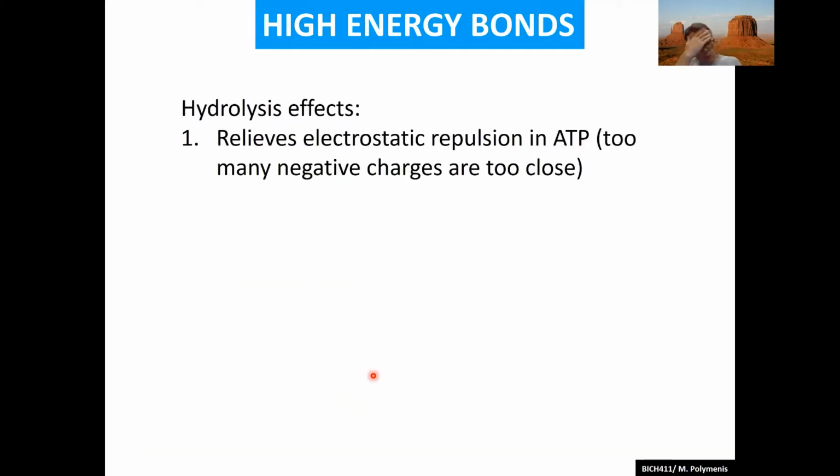So what happens when the bond is hydrolyzed? Okay, why is it high energy? So for several reasons, okay, what happens is that you reduce the number of negative charges that are next to each other. So of course, things of the same charge, they repulse each other. You have all these negative charges on the phosphates, and that's unfavorable.